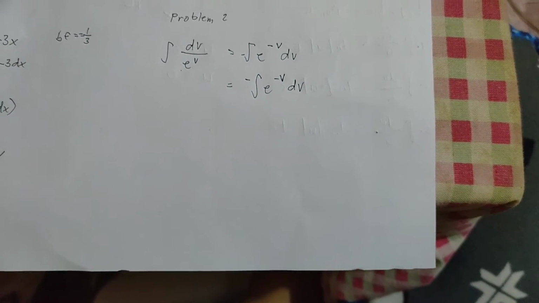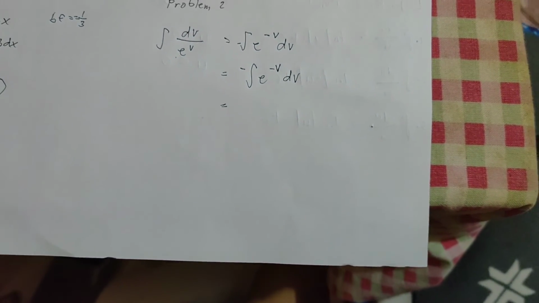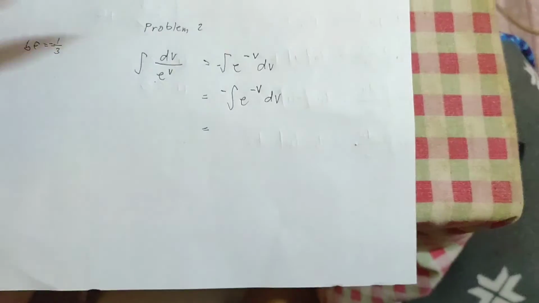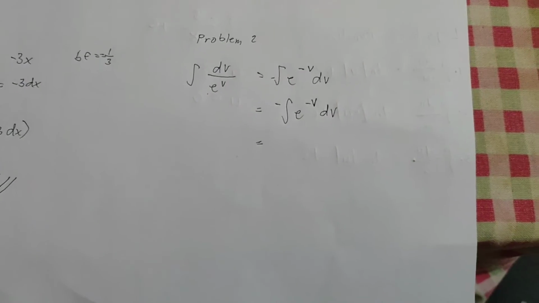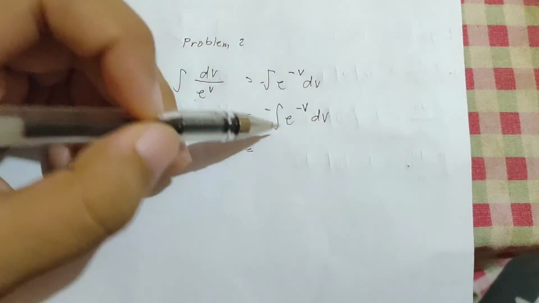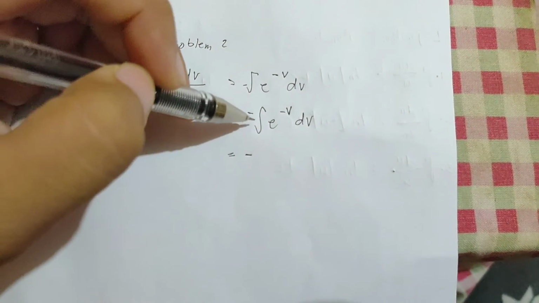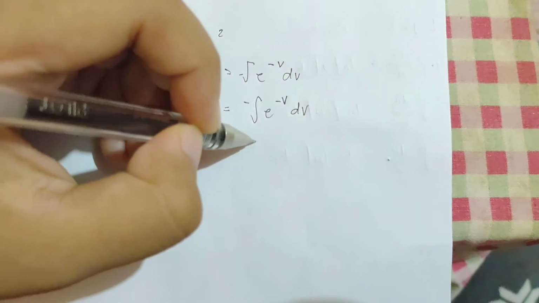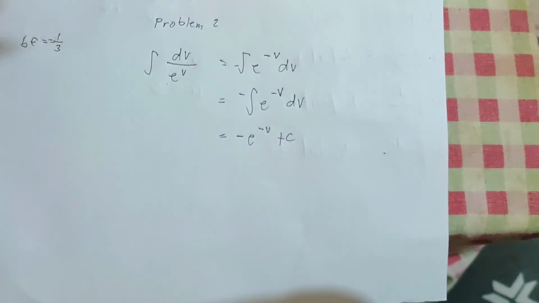I have to integrate this. It simply follows our formula number 1, so the integral of this is just copying the negative sign outside the integral sign: negative e raised to negative v plus c.